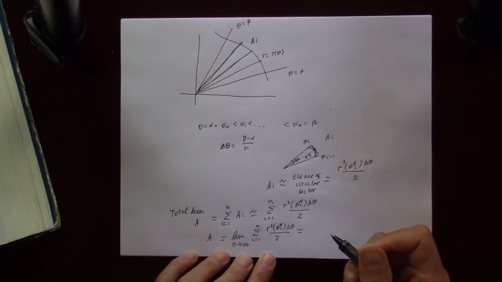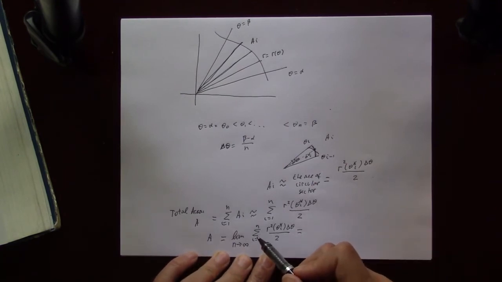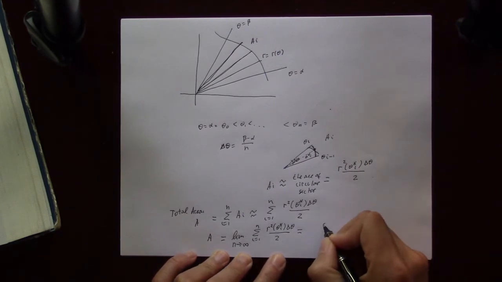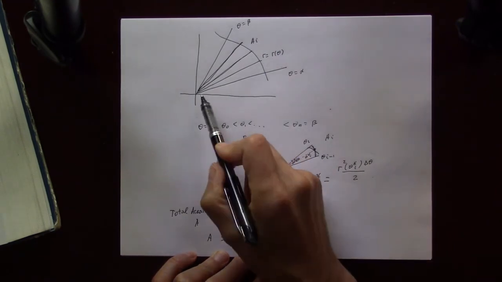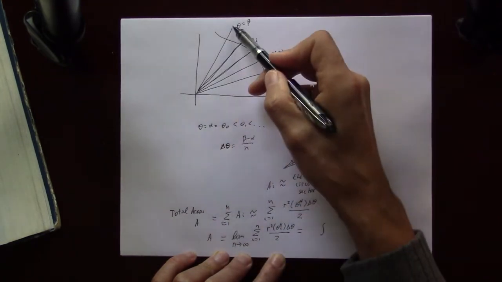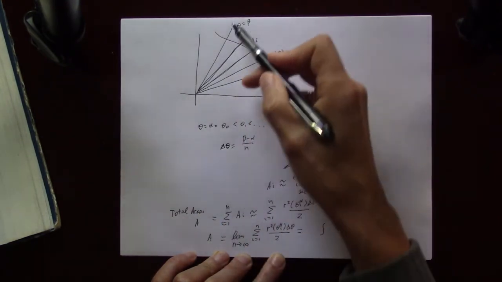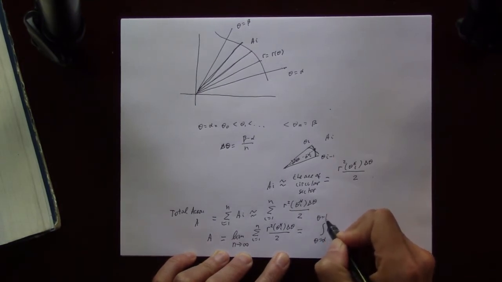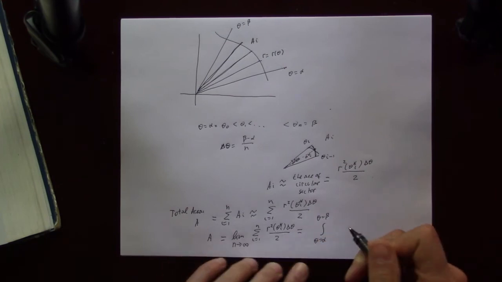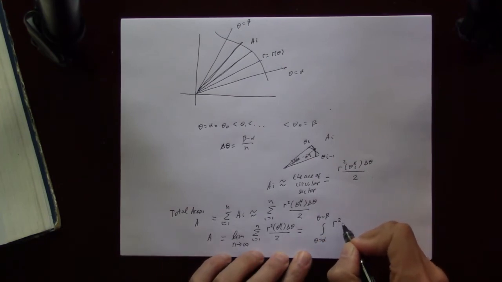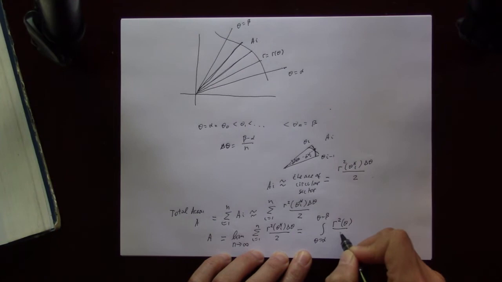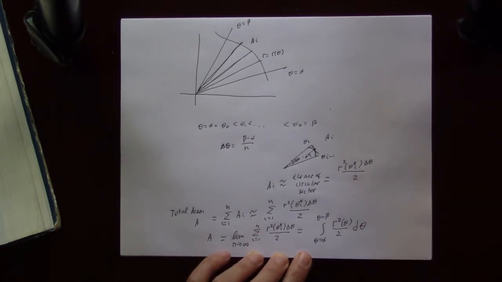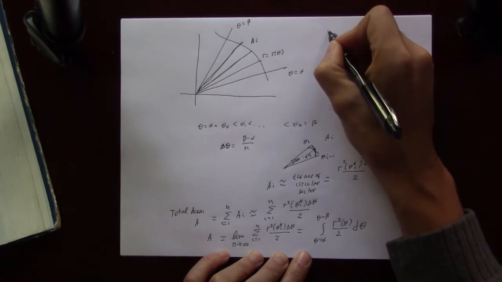Recall that what we've got is the limit of a Riemann sum. The limit of a Riemann sum is a definite integral, going from the initial angle to the last one, so from theta equals alpha to theta equals beta. The function becomes r squared of theta over 2 d theta. So we derived the formula for the area in polar.